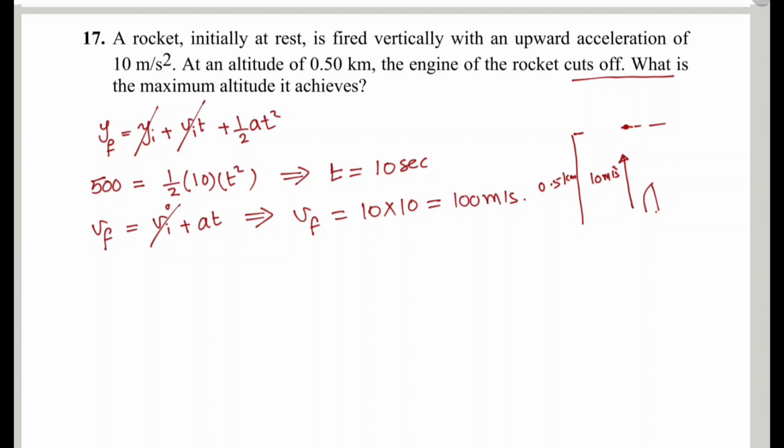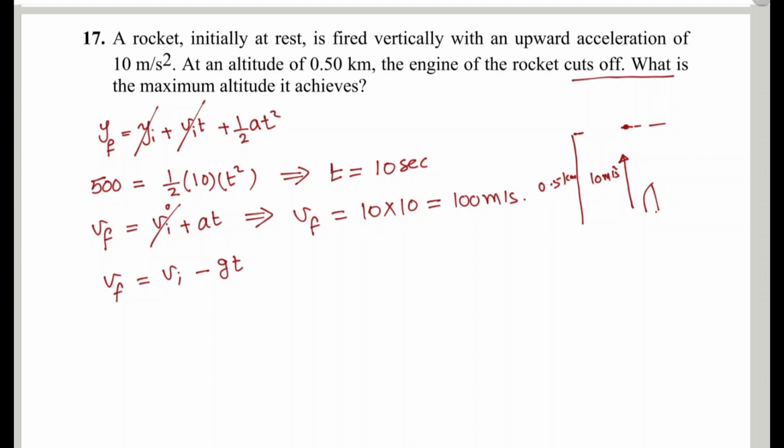Now the final velocity of the first part is actually the initial velocity of the second part of the trip. So in this case, v final equals v initial minus g t. And remember, the second part is a free falling object, and the acceleration for this one is equal to minus 10.